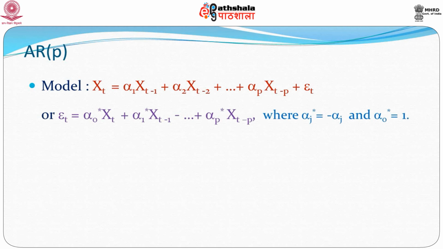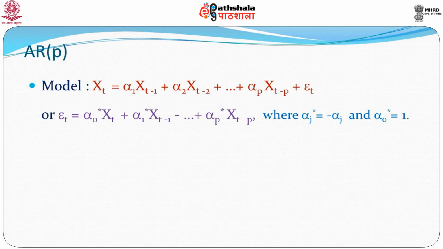So, we will write epsilon_t in terms of the alpha_0 star, alpha_1 star up to alpha_p star, where the alpha_j stars are defined as before in the ARMA case. And once we do that, in this case we just do it directly. On the left hand side we have epsilon, which is written in terms of the x's.